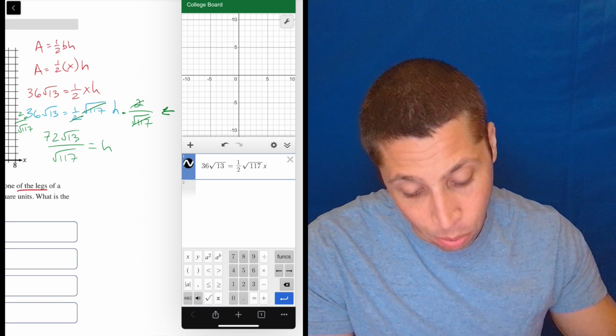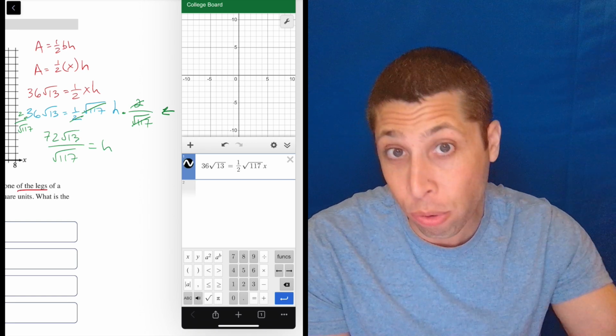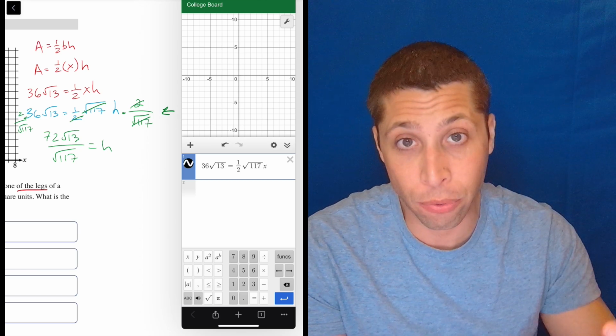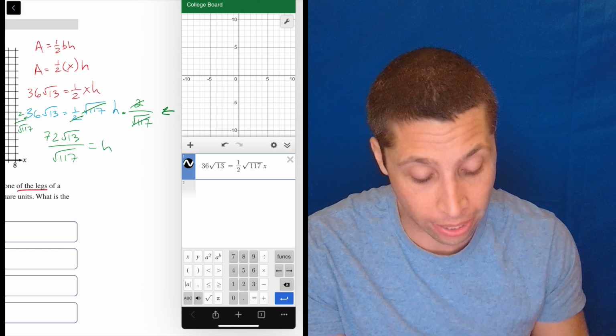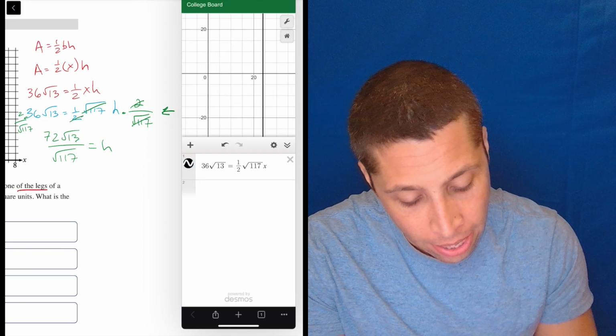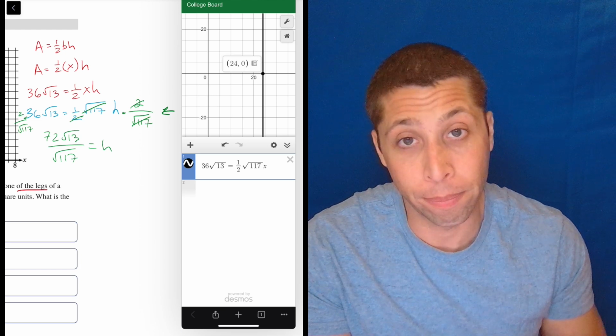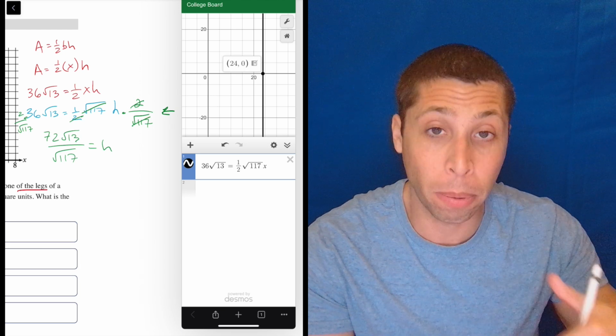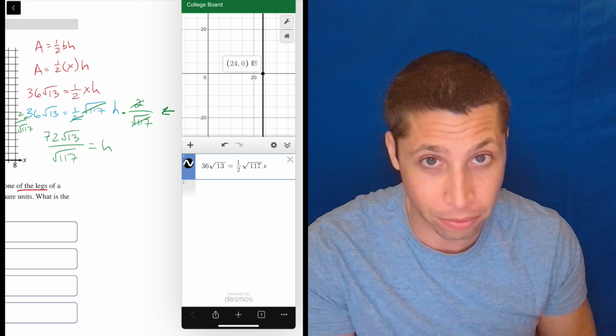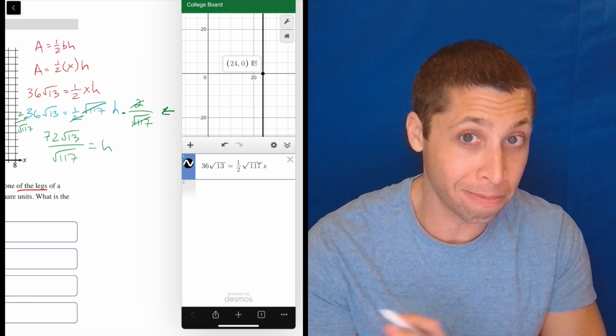So that way now Desmos is graphing it. It's going to solve this equation for me without me having to move anything or deal with anything. It's going to graph a vertical line, and there it is at 24, exactly where I expected it to be. So that's one place where I would have done a little bit of a shortcut to minimize the algebra.